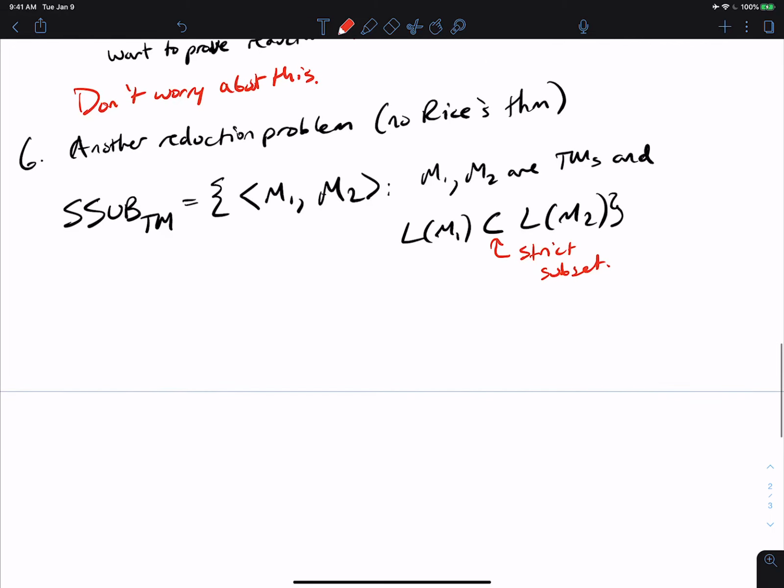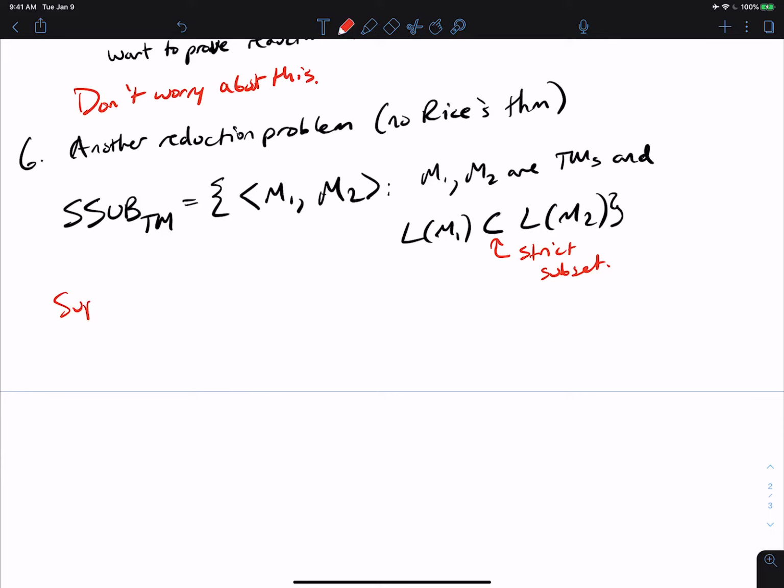So what would you do here? Well, what is a language on the extremities in terms of what it accepts? It could be either the empty set or sigma star. There are multiple ways we can go about this. We know that ETM is undecidable, so let's try that.